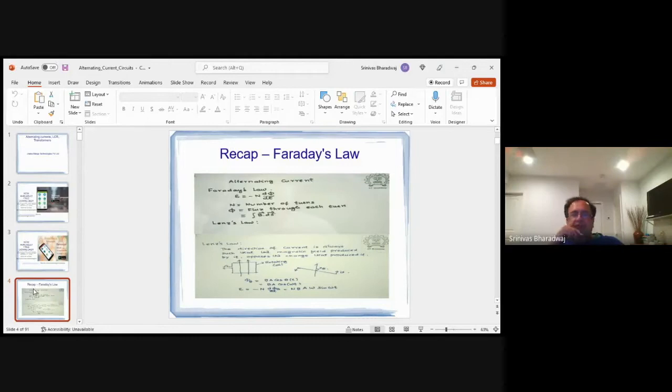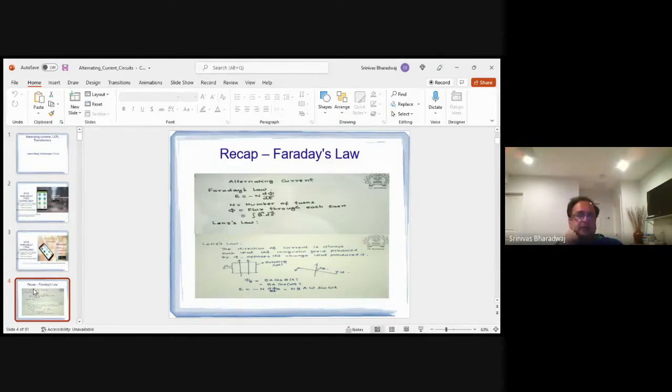So flux is changing. And what flux are we talking about? We just now looked at magnetostatics, B. We looked at two forms of magnetostatics. One is through Biot-Savart's law, and the other is through Ampere's law.